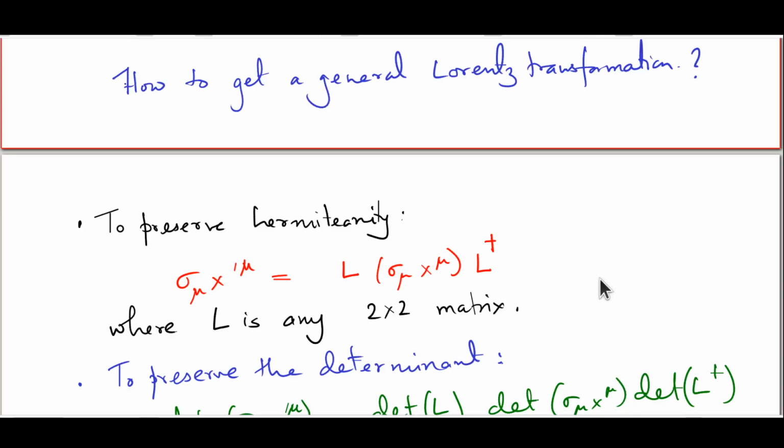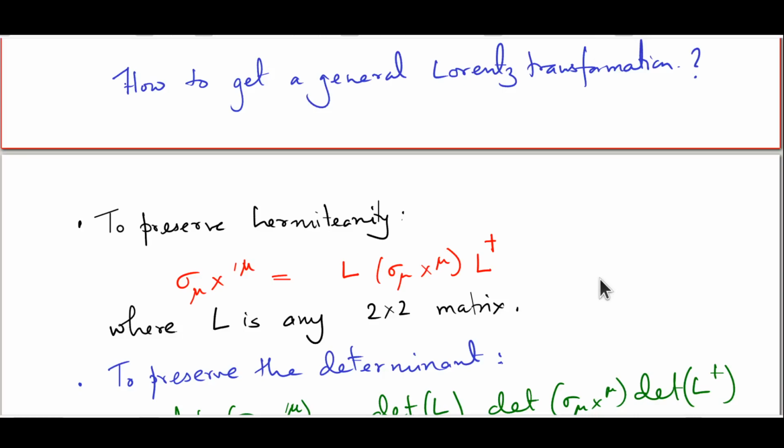The unitary transformation was a similarity transformation, u sigma mu x mu u inverse, but what was really important for us in preserving Hermitianity was that u sigma mu x mu u dagger was an alternative form for that. The u dagger, being the same as the u inverse, was actually of great importance there.